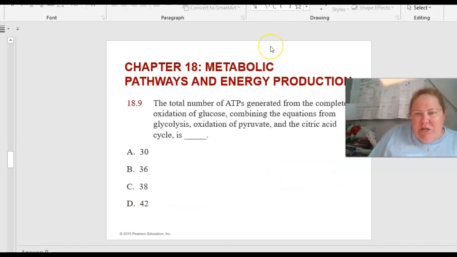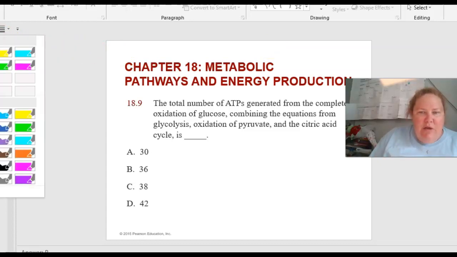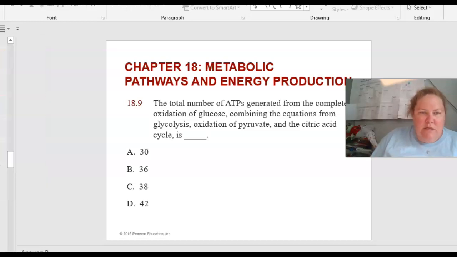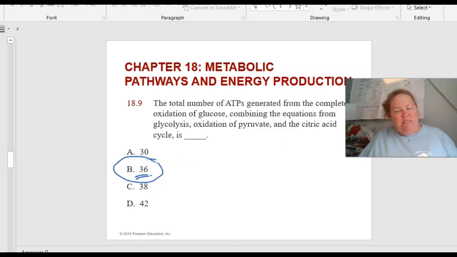Total number of ATPs generated from the complete oxidation of glucose, combining both glycolysis, the oxidation of pyruvate, the citric acid cycle, and the electron transport chain, is going to be what? In this class, and I've told you this in the video too, go by what your textbook tells you. So your textbook tells you 36. In my other life, it tells you 30.